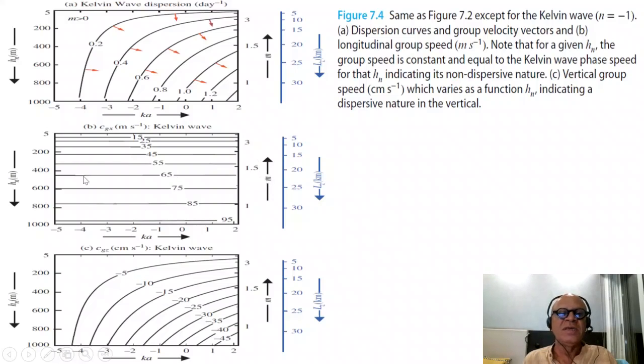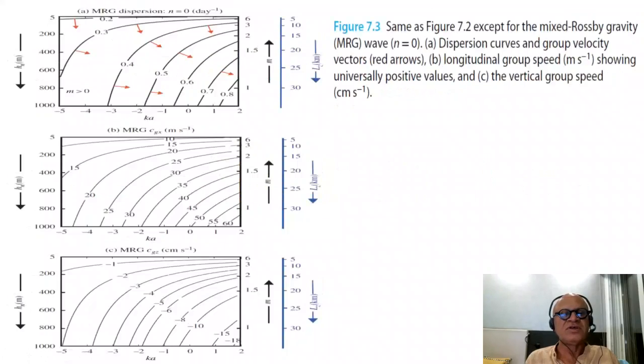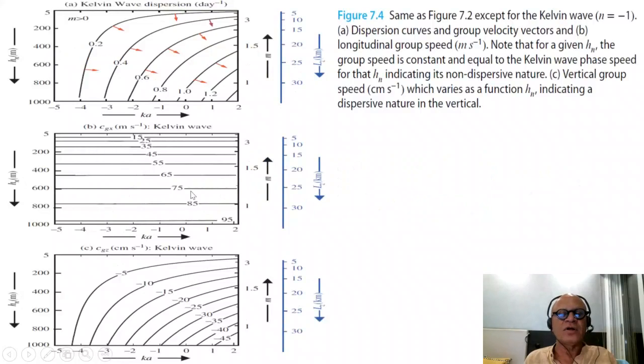So this is the main difference, and you can see the group velocities are much larger here for the same equivalent depth and the same zonal wave number. In fact, we don't go to very high wave numbers here, to stay with realistic solutions in the real system. So you can see the group velocities quickly drop off from about 60 here to 10 here, whereas for Kelvin waves you are going from 95 down to 15.